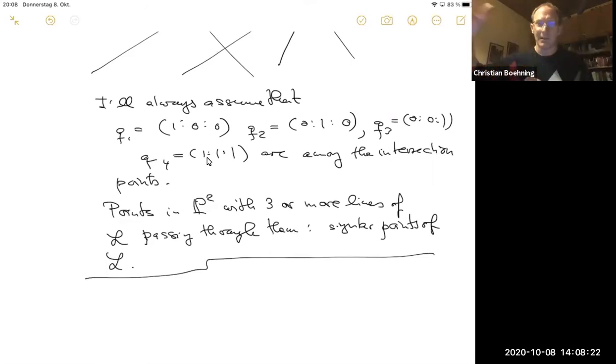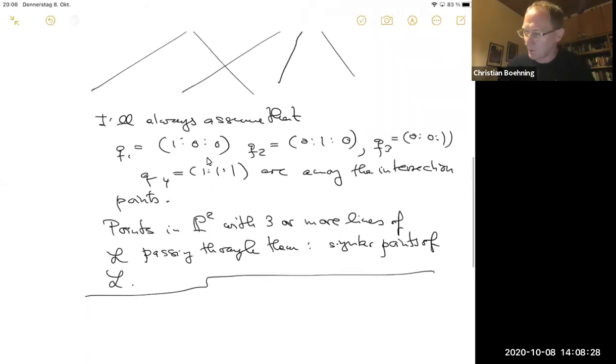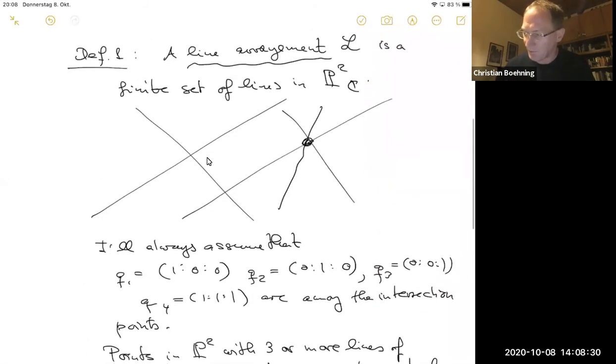And really the flow of information goes both ways. So people in the past have also used the theory of algebraic surfaces to prove non-trivial combinatorial or synthetic projective facts about line arrangements.